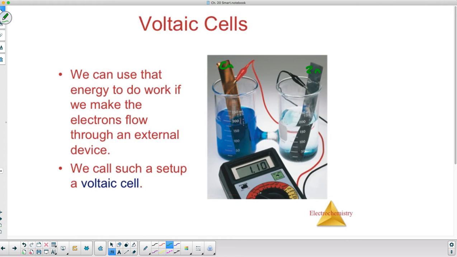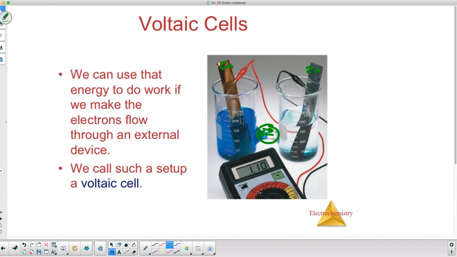The zinc wants to accept some electrons. When you have the salt bridge connecting the two, where cations and anions can go back and forth in between, then you have completed the circuit, and now you have the electrons flowing in a direction doing work. So when electrons move, we get electricity and energy.